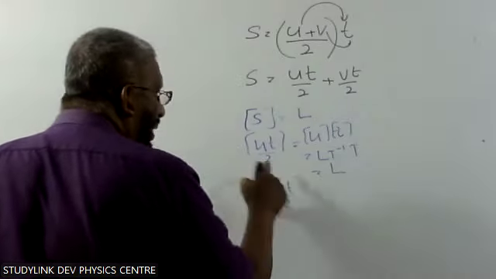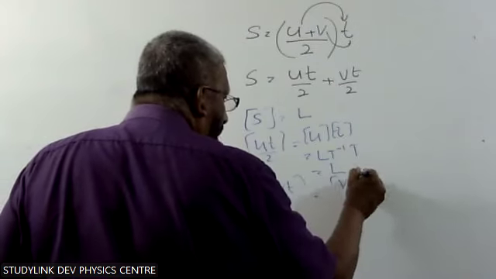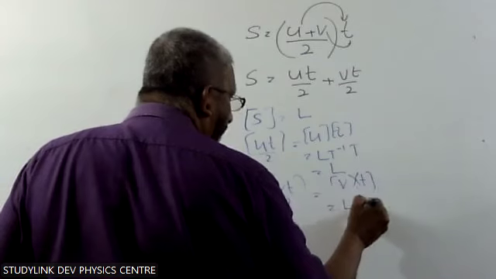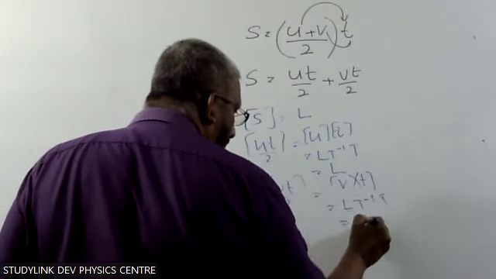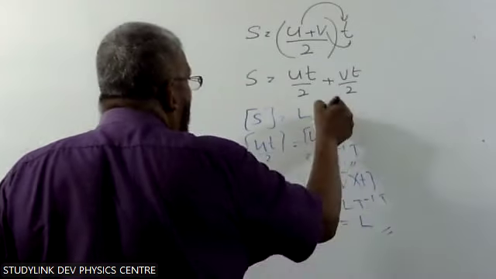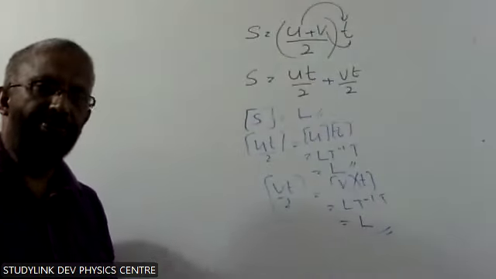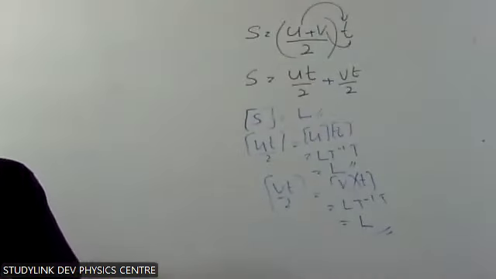Same story, v into t, then it is LT minus 1 into T, again L. So all terms are having the same dimension. Therefore, this given equation is dimensionally correct.